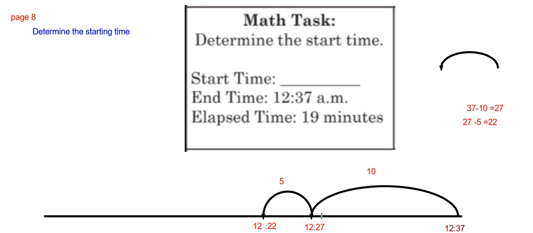Now, I'm going to be paying attention to what I have subtracted so far. 10 and 5, that is what? How many minutes? 15 minutes, correct. So I need to still go, right? So I have 19 minutes elapsed time total that is given to me, right? And I need to subtract. So far, I have gone back 15 minutes.